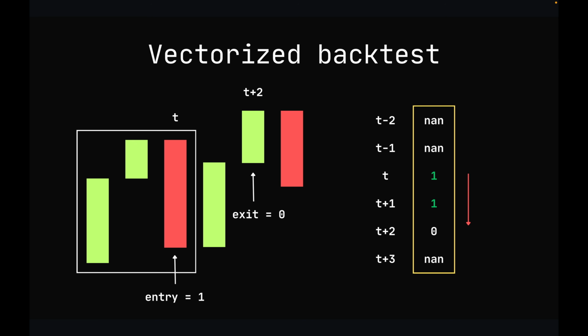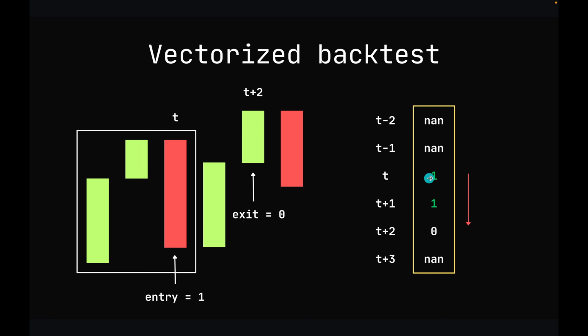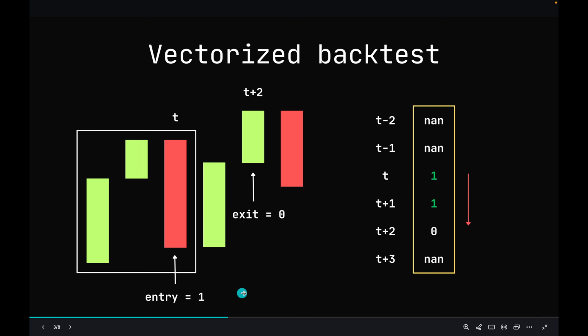So usually people backtest their strategies using vectorized backtest. So how does it work? Let's suppose we are considering a window of 3 candles. In this case, we are examining candle patterns. And our algorithm tells us that we want to enter at this candle close here. Okay, so we mark this candle, which is candle T, with 1, which marks the entry.